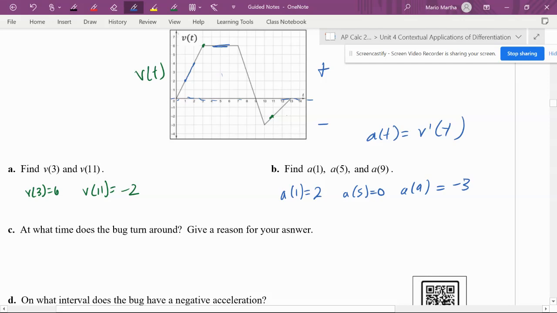There's only one value here where the velocity changes sign, which in this case happens to be when it's equal to 0, when t equals 9. So when t equals 9, the bug turns around, because v of t changes from positive to negative.